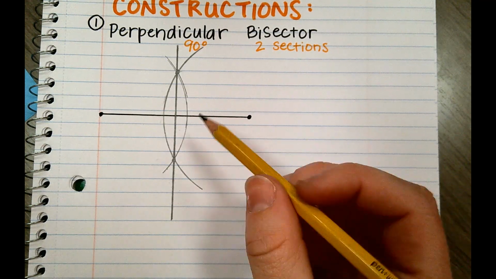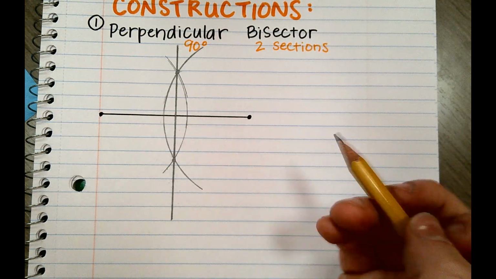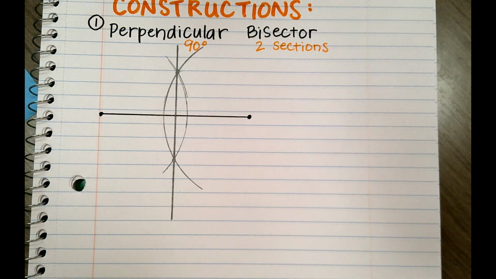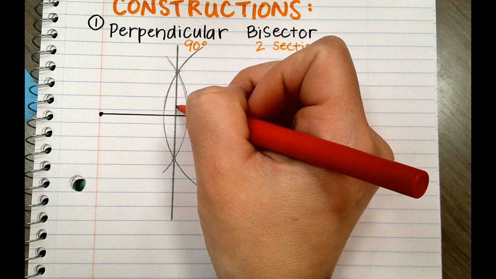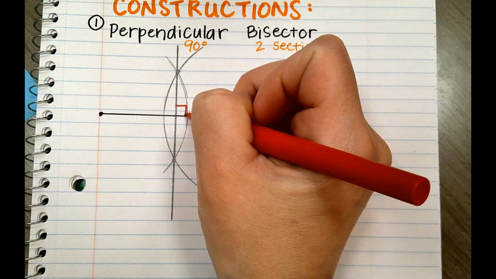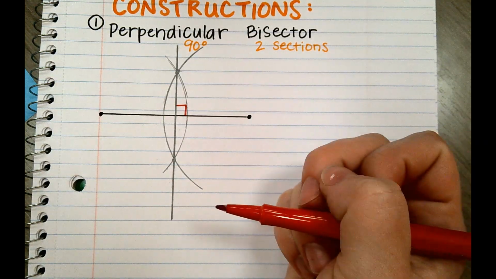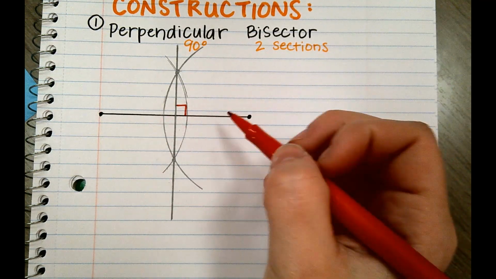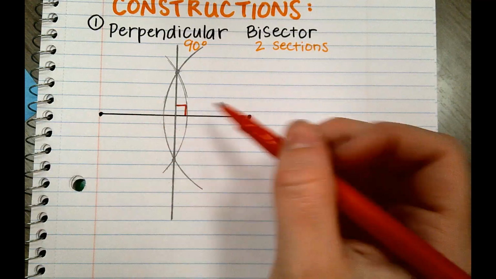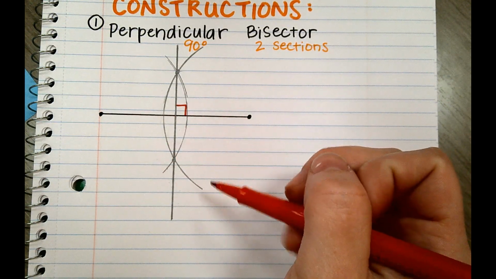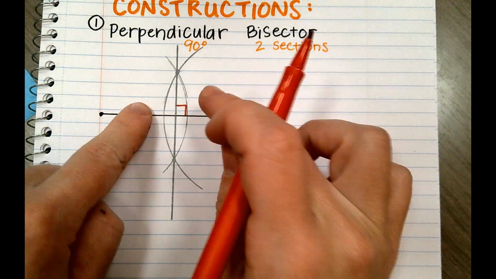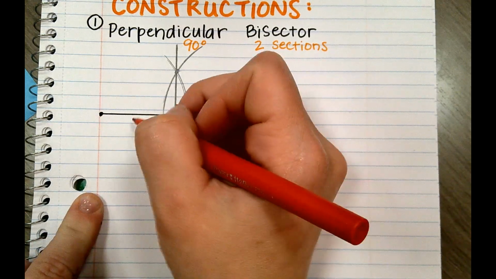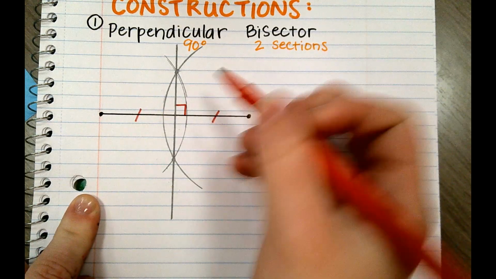And all that's left to do is to mark two things. We have to mark that this is a 90-degree angle with a box. And we also have to mark that we have officially cut this line segment in half. So to show that these two lines are equal in length, we put a tick mark.